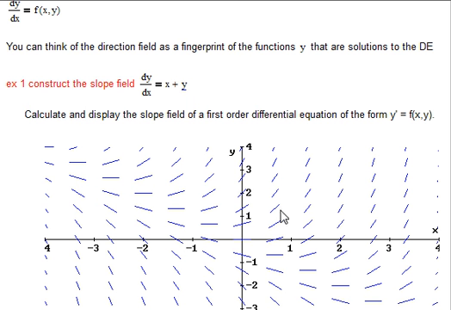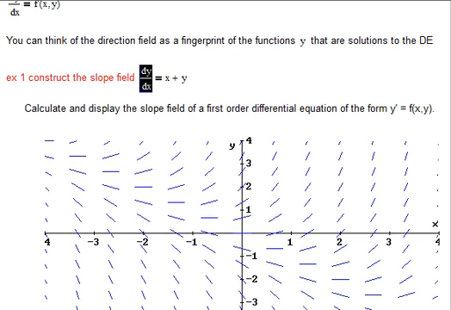And so the slope of this lineal element here, the dy/dx, is 2. And if we were to say, what about where x is 1/2 and y is 3, then the slope of this line is 3.5. Sorry, I shouldn't say line, I should say lineal element. And that's the way to construct all these line segments.